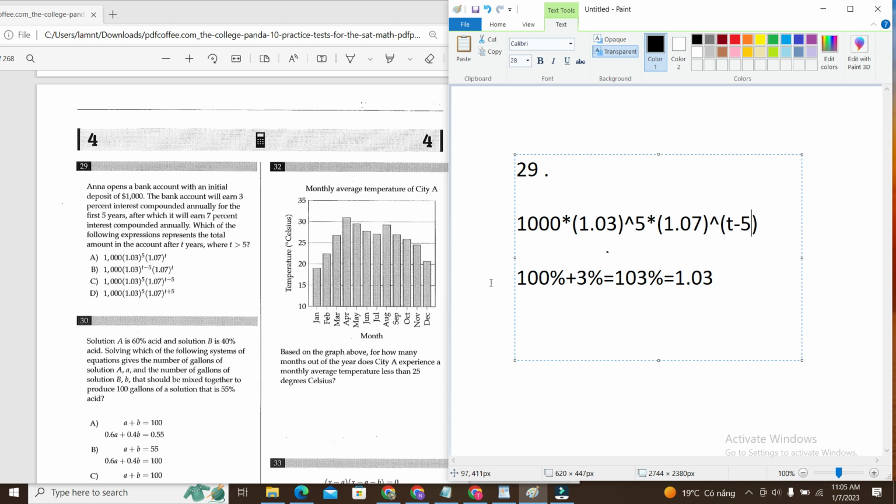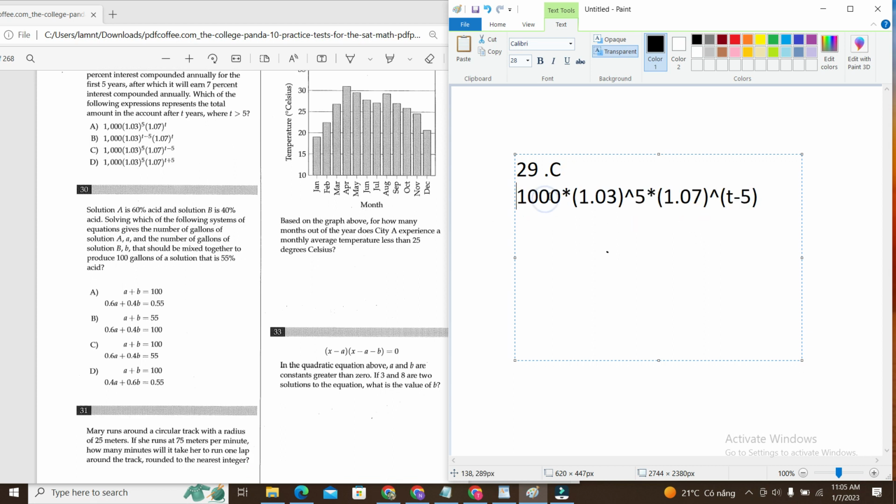So the answer is C: 3% for the first 5 years, 7% for the rest of the years.